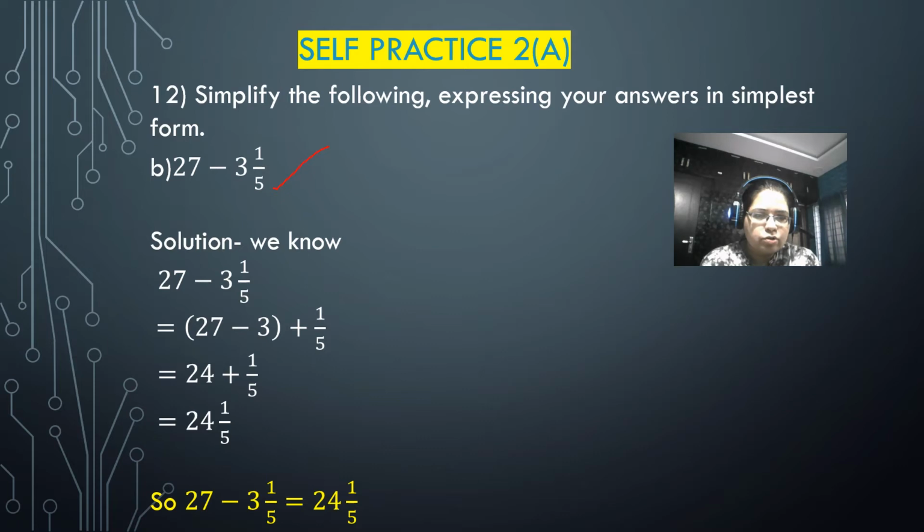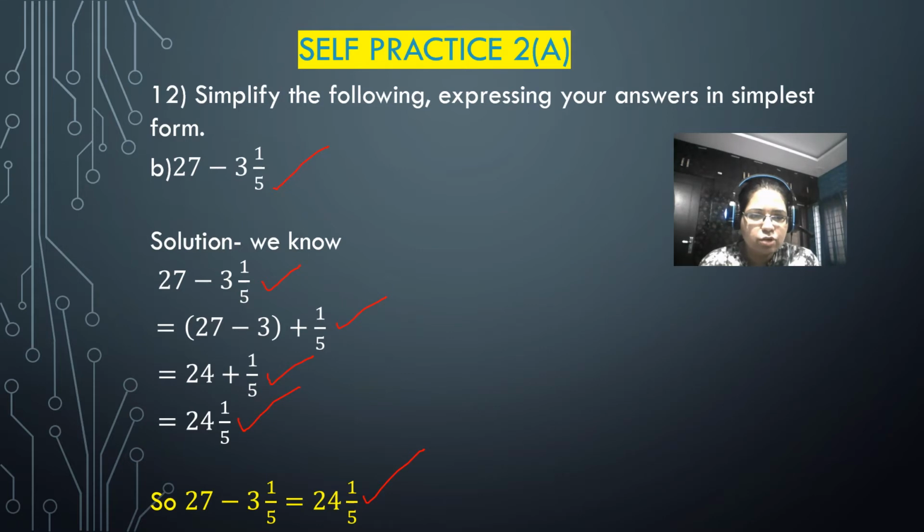First subtract the whole numbers separately and keep the proper fraction, the fractional part. 27 minus 3 is 24, so we get 24 and 1 by 5. So 27 minus 3 and 1 by 5 equals 24 and 1 by 5.